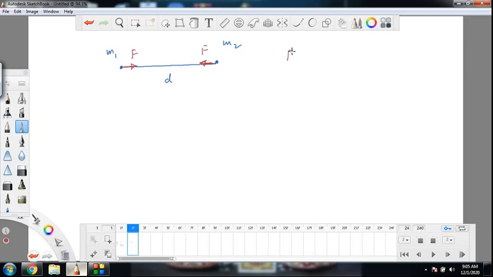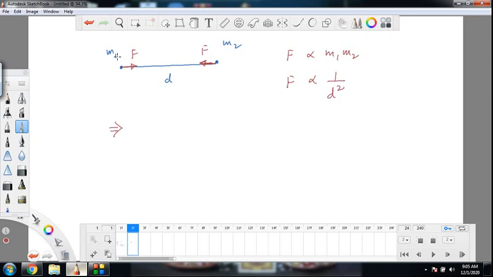This F is proportional to the product of masses and inversely proportional to the square of distance between them. So we can combine these two proportionalities. What do you mean by proportional? If m1 increases, the mass of the first particle increases, the force it experiences will also increase.